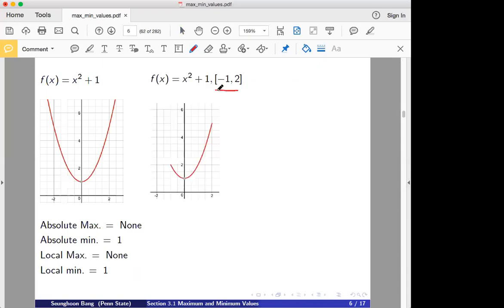We can restrict the domain, -1 to 2. This is like stop. Do we have absolute maximum?